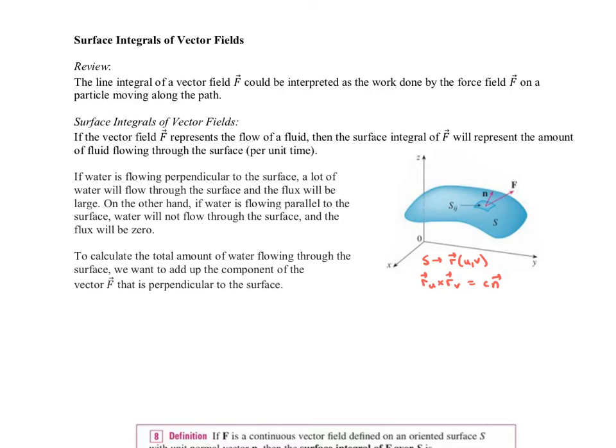This vector is perpendicular to the surface, and we get it by taking the cross product of these partial derivatives.